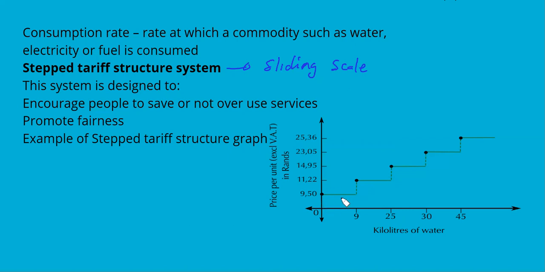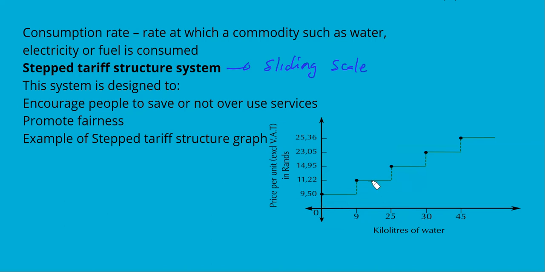Looking at kiloliters of water, this is the price per kiloliter. But we see that when you use less, for the first 9 kiloliters, you are charged 9 rand 50. Then from 9 to 25 kiloliters is charged 11 rand 22 per kiloliter. So if you use less water, you are charged less.